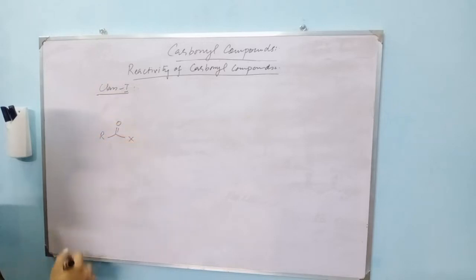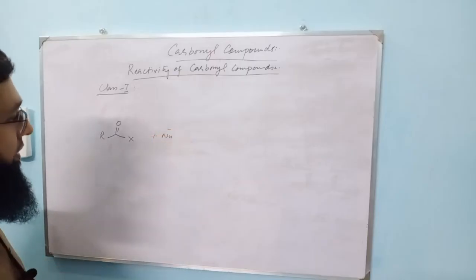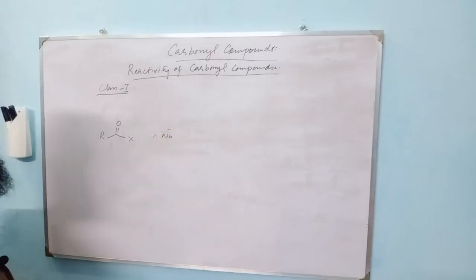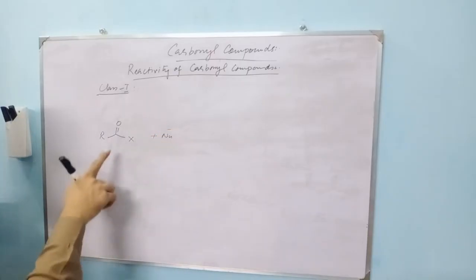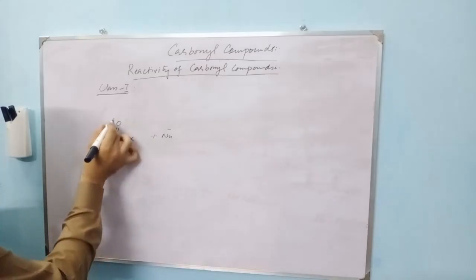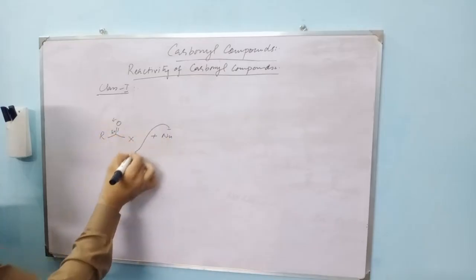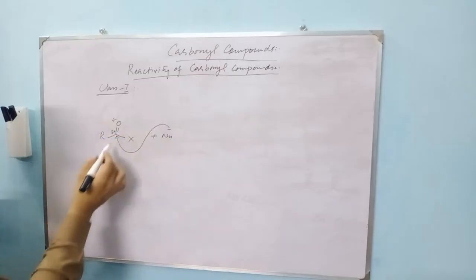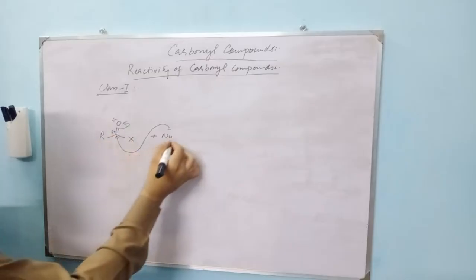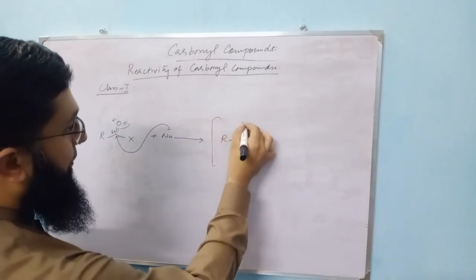For example, we have this, and we have a nucleophile here, and because we know that under neutral conditions we have carbonyl compounds as electrophilic compounds, that is why this nucleophile would attack on this carbon, this bond would break, and as a result we will get this intermediate.